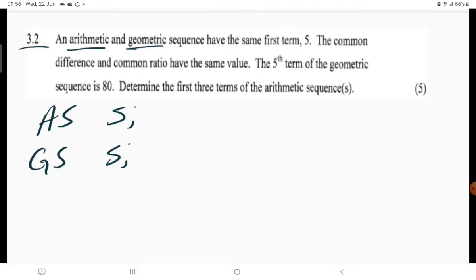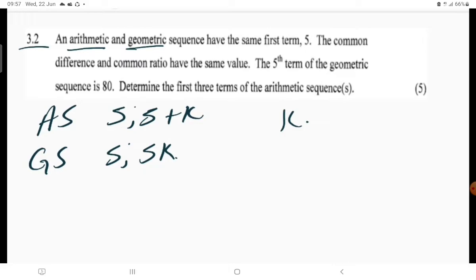Okay, so now if that is the case, we can just say they both have K: R is K, then D is also K. So to find the second term in the arithmetic sequence, we always say the first term plus the difference, which means we have 5 plus K. Then in the geometric sequence, to find the second term, you always say 5, which is the first term, times the common ratio.